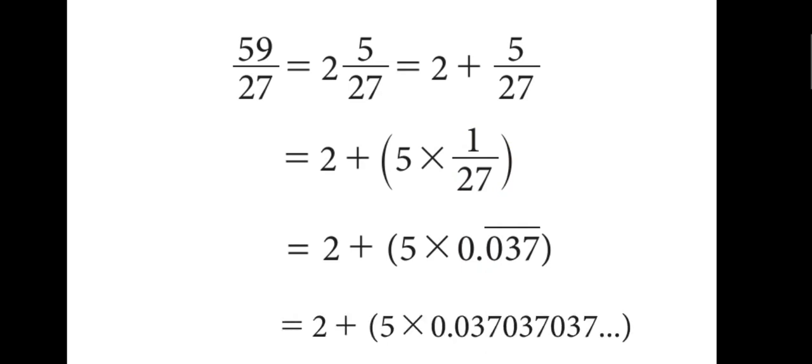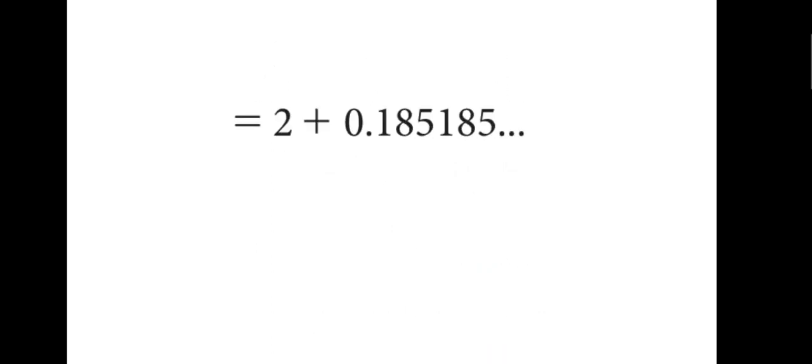We can expand and write this as 0.037037037, and when we multiply by 5, we will get 0.185185, etc. When we add this, we have a whole number part, so just add it to the whole number part: 2 plus 0.